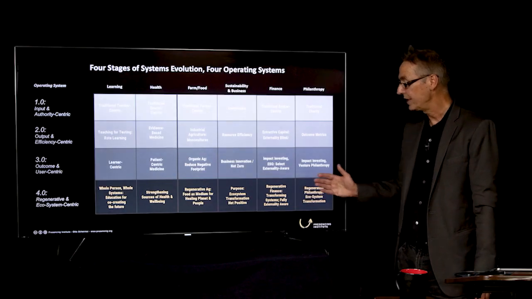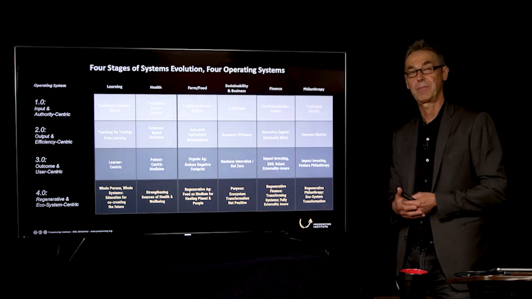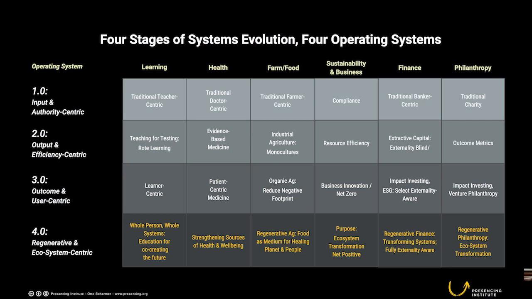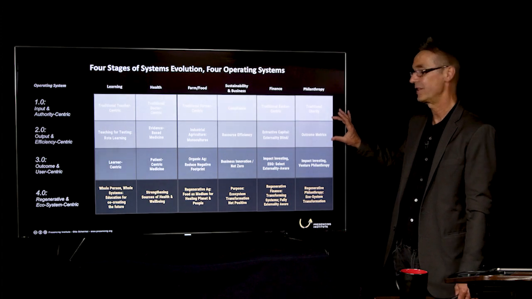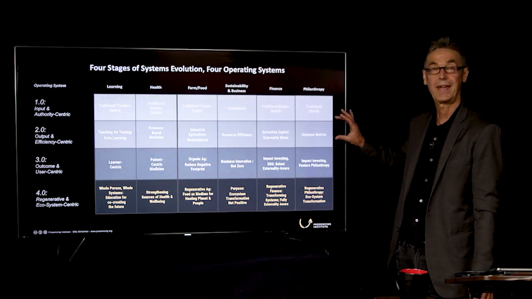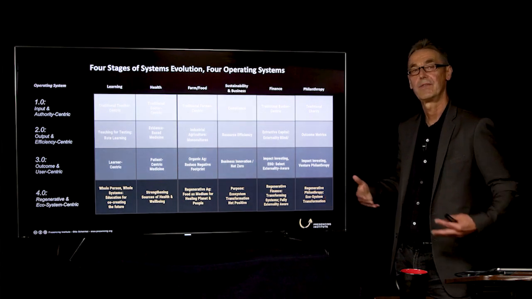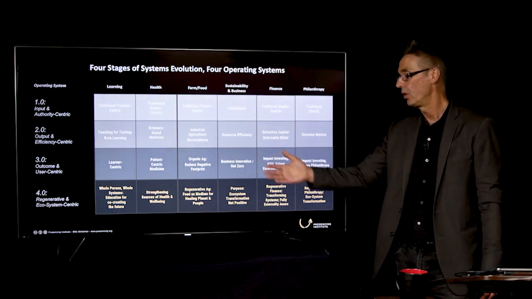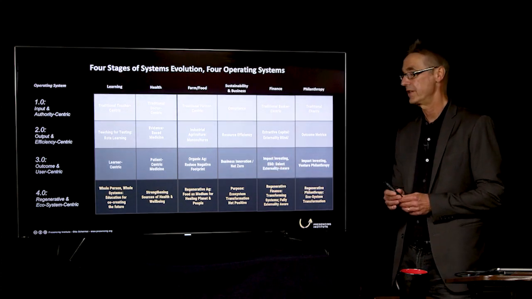And what we really need is a stronger focus, and it's just beginning to happen now in some areas, on regenerative philanthropy in terms of addressing the root issues of ecosystem transformation. In other words, philanthropy that's not just addressing the symptoms of the issues we have, but progressing to the deeper root issues in a way that evolves our essential way of operating towards 4.0.